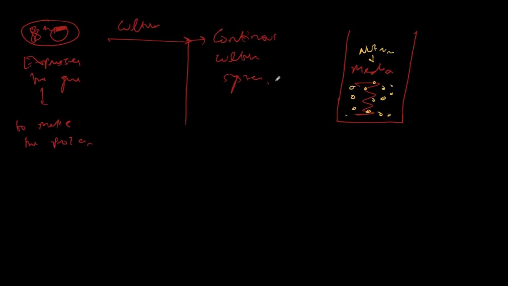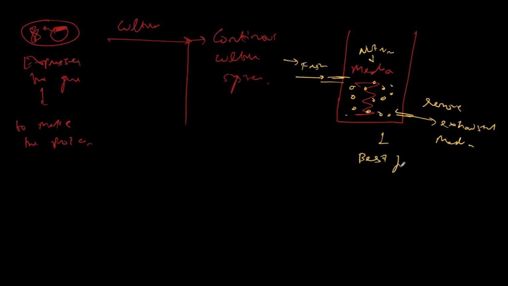So what we do in this continuous system is remove the liquid media slowly, the exhausted media that is used up, and then add fresh media. Therefore, we do not need to stop this culture. We can go continuously, and in this culture we get the best and highest yield.